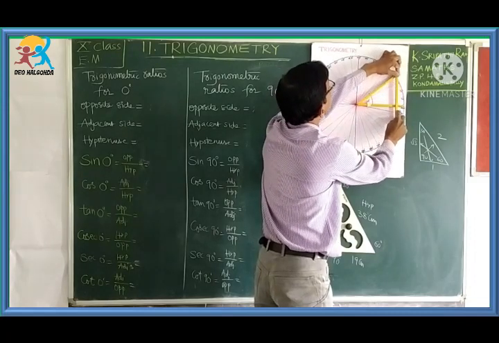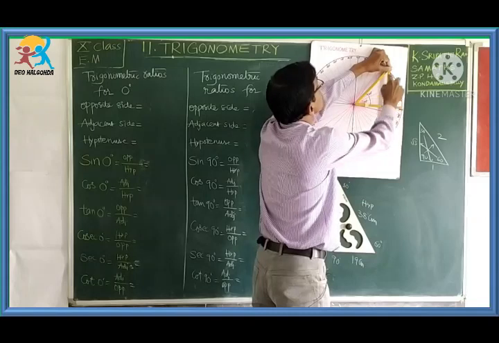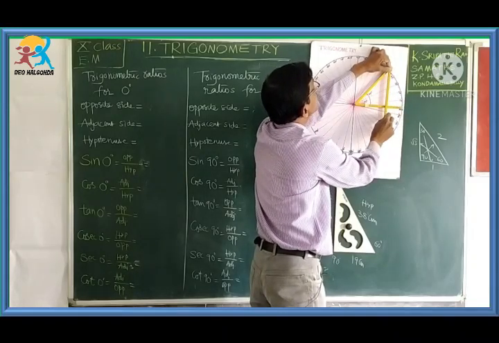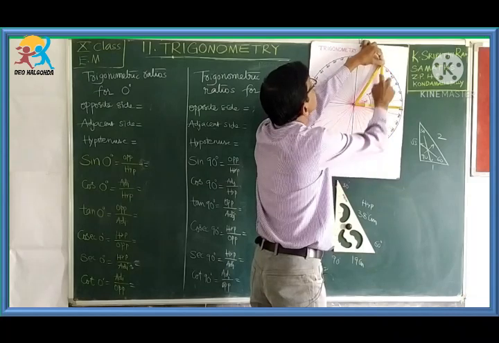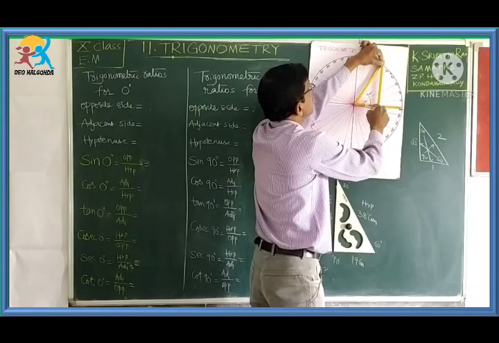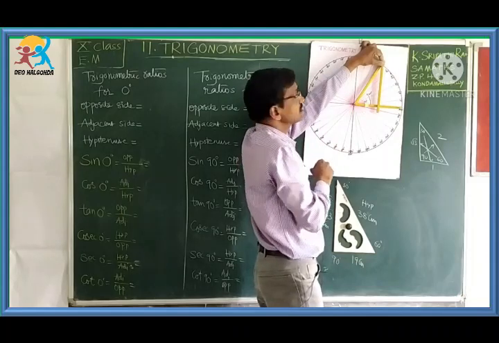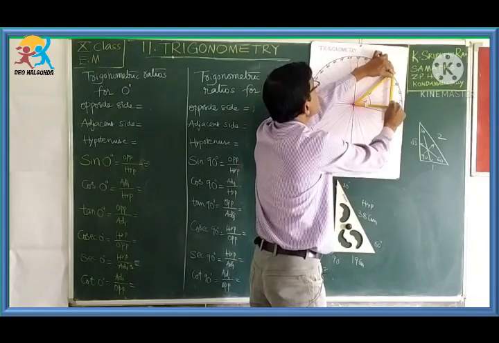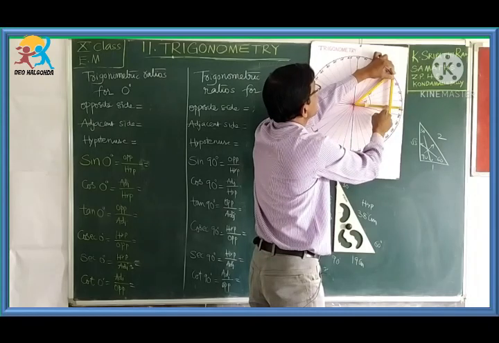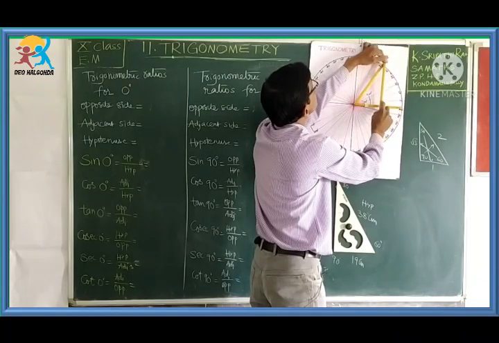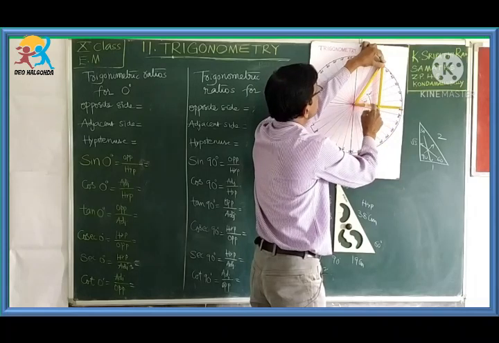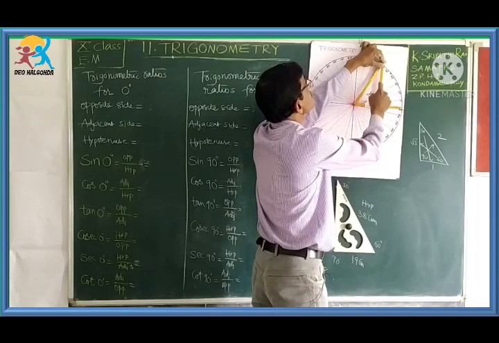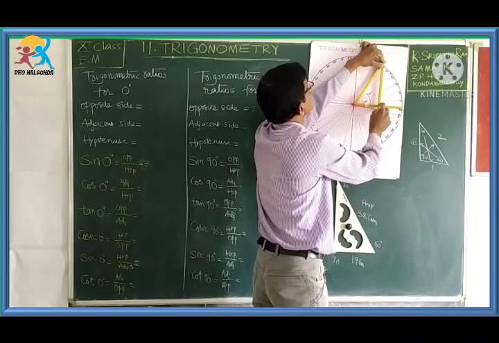If I increase the angle slowly, the opposite side increases and the adjacent side decreases. At 45 degrees, the opposite side and adjacent side are equal. At 60 degrees, the adjacent side is half of the hypotenuse. Now the opposite side is more than the adjacent side.